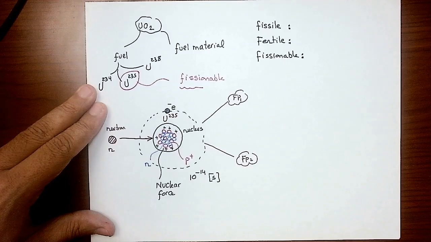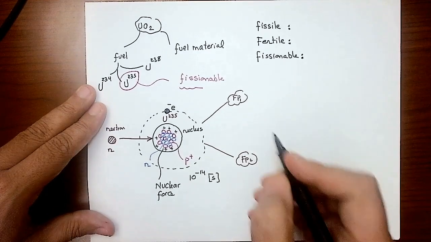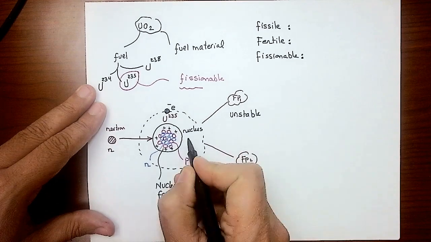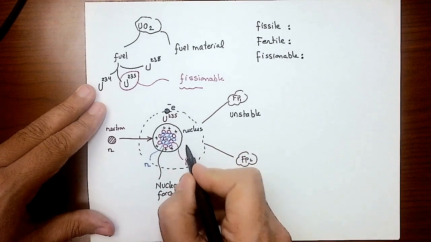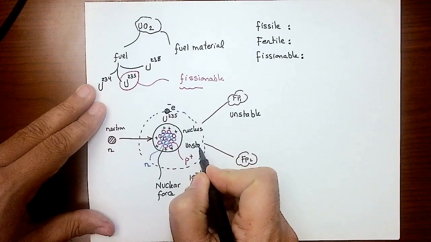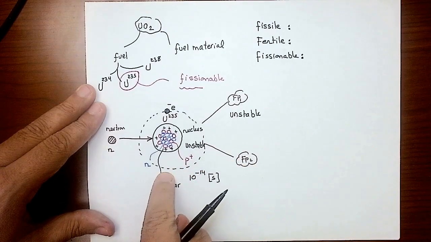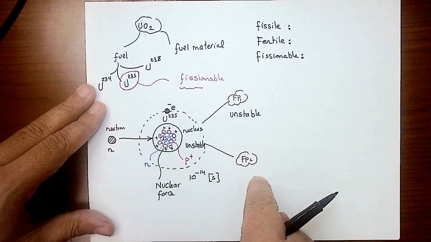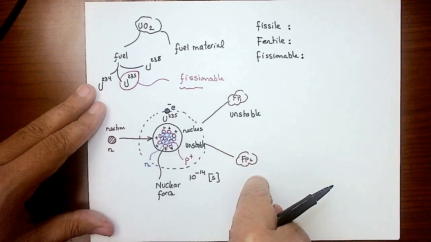Then these fission product 1 and fission product 2 are also unstable. After the nucleus gets hit with a neutron, it's unstable. The nucleus is trying to become stable. It splits, but whatever fission product is coming out is also an unstable product.